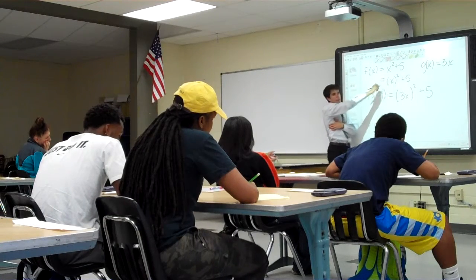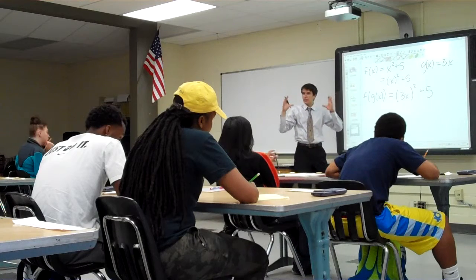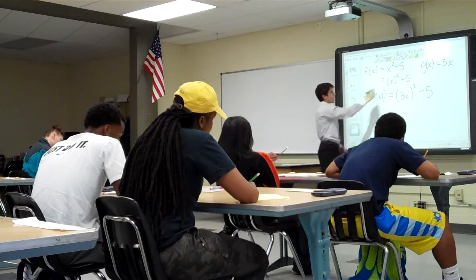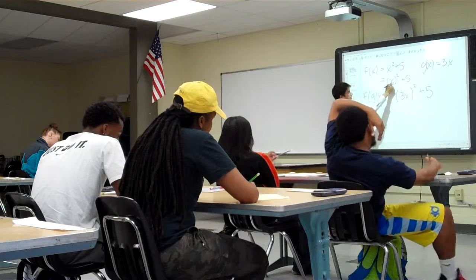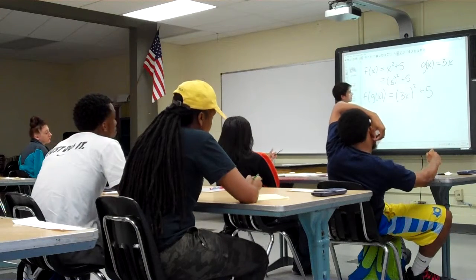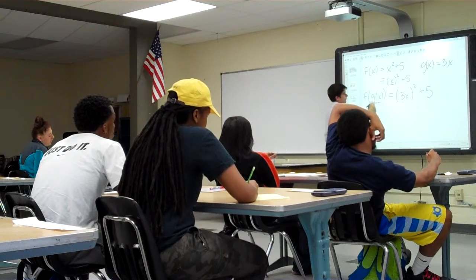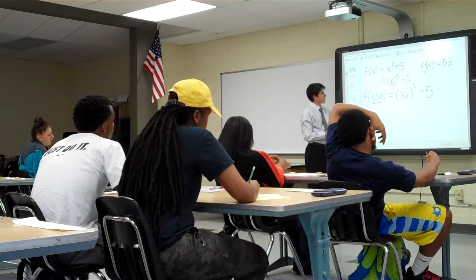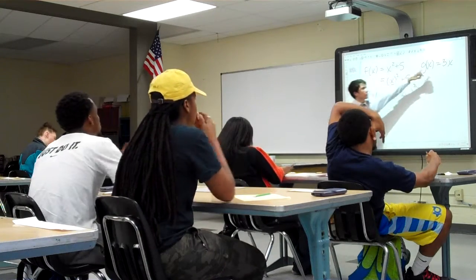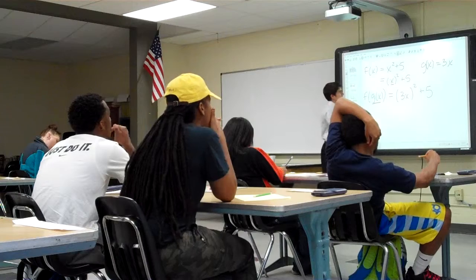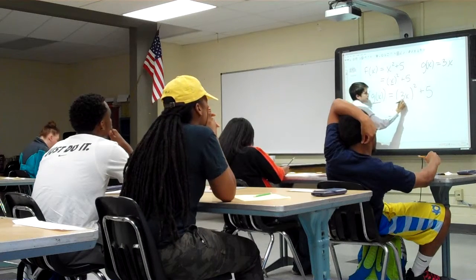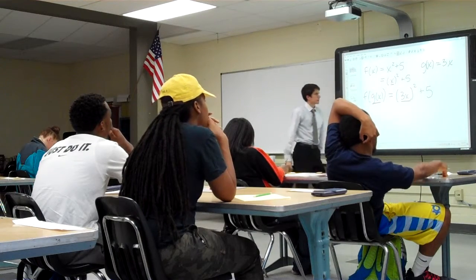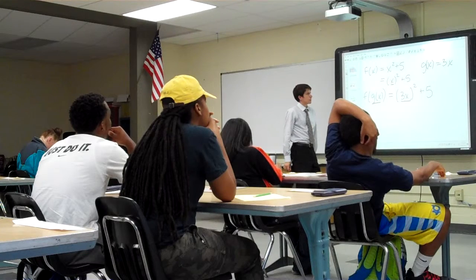Sometimes it helps me to draw parentheses around the x just to really drive the point home that it's on its own and this is what we're replacing. And we take that x and replace it with what we're substituting, our g of x. g of x is 3x. Take that x and we substitute the 3x.